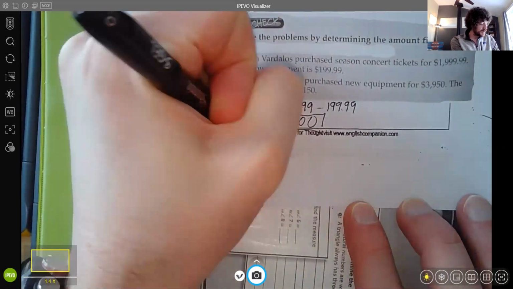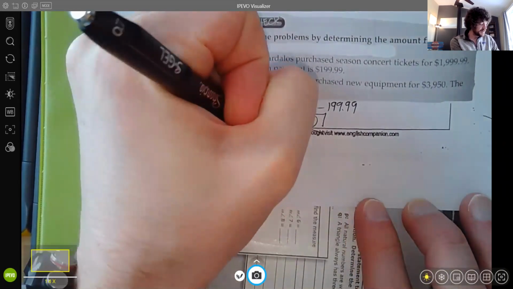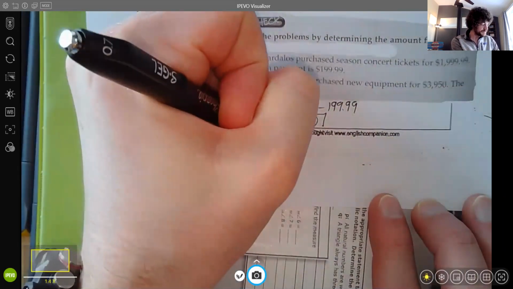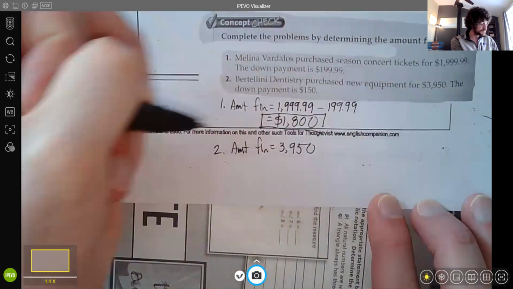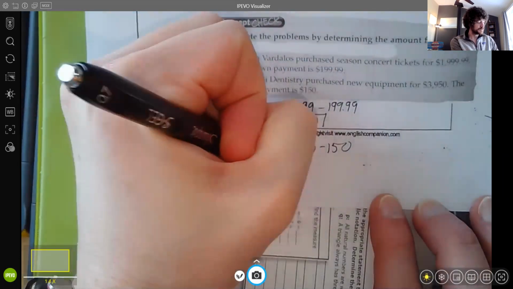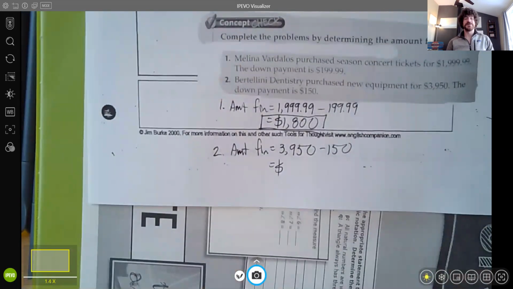So I'll go ahead and ask you this one. What's the amount financed on the second one here? How much is going to be paid off in installments? What's our answer there for number two?